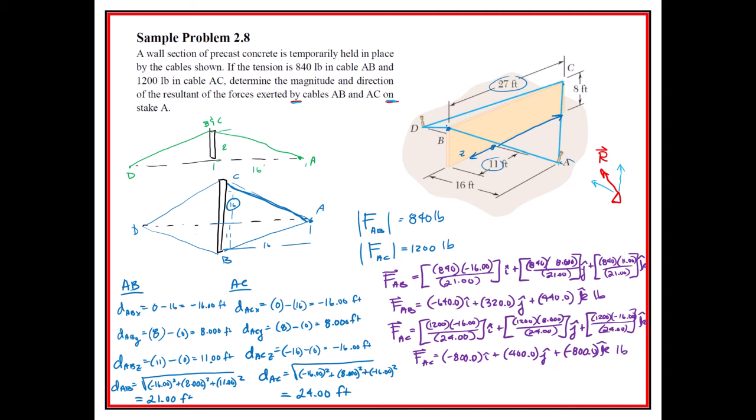And now all we have to do is find the resultant. And of course we didn't leave ourselves enough room, because why would we? R is equal to F_AB plus F_AC, right? So we add those two things together.